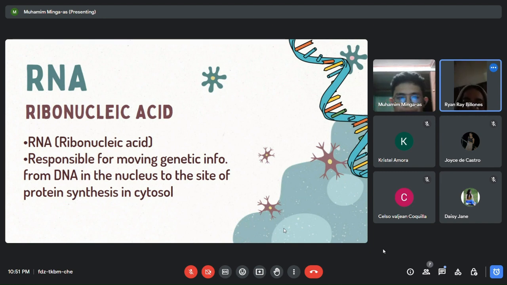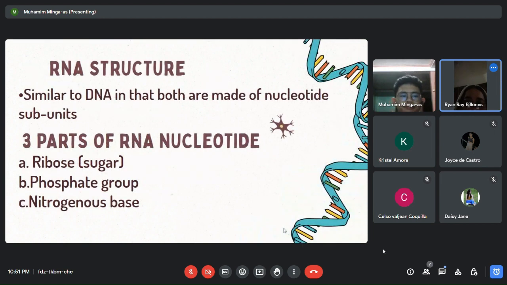Next please. So RNA has three parts of the RNA nucleotide. The first one is ribose, or sugar. It alternates with phosphate groups to form the backbone of the RNA polymer and binds to nitrogenous bases. The second is the phosphate group.